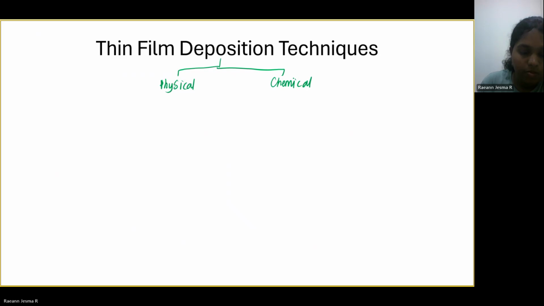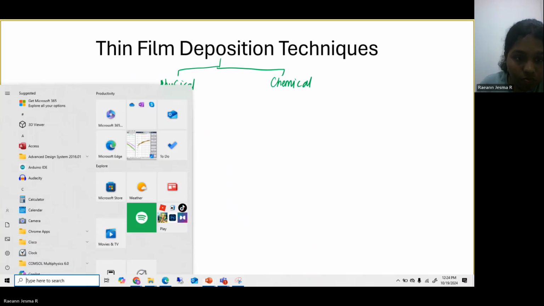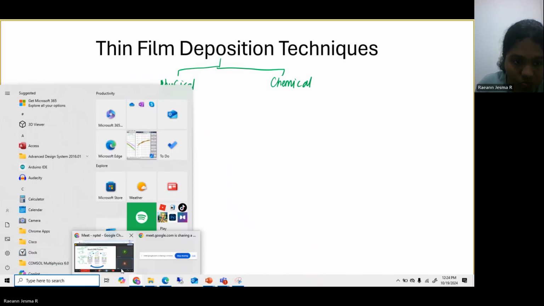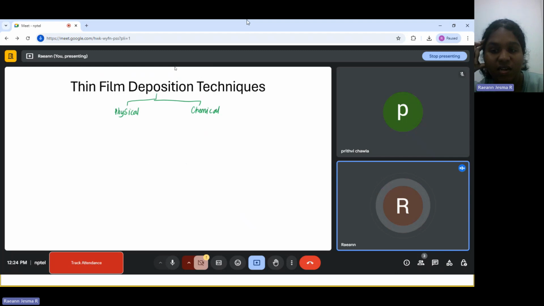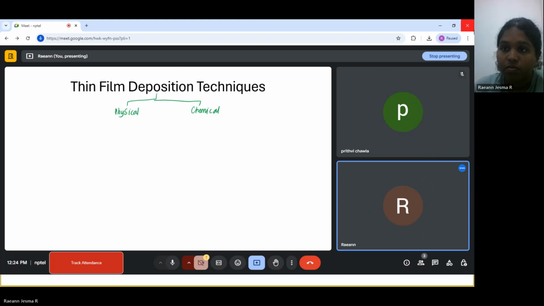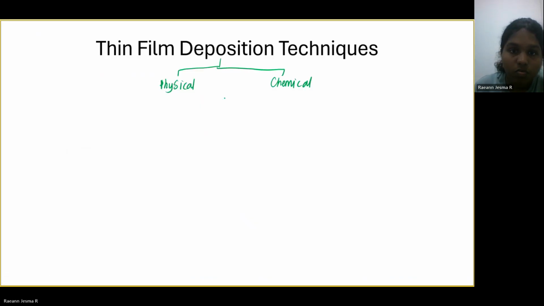You would have seen physical vapor deposition, right? So we have two different kinds of thin film deposition techniques.